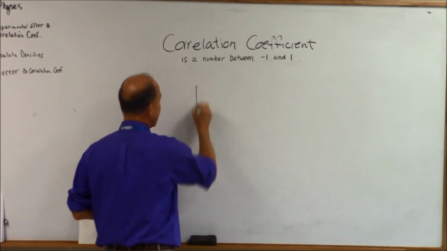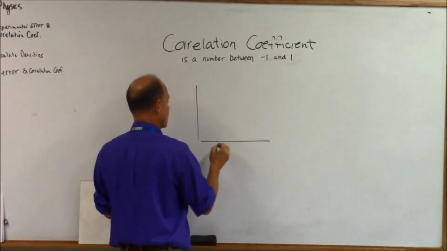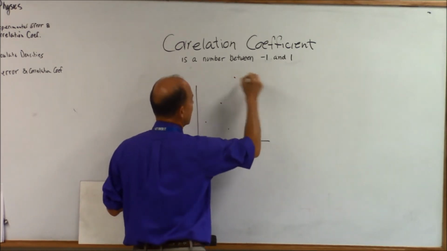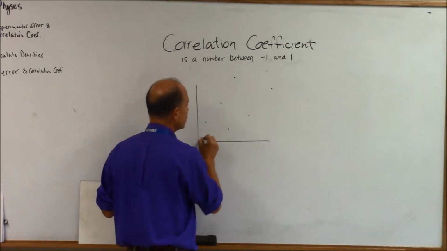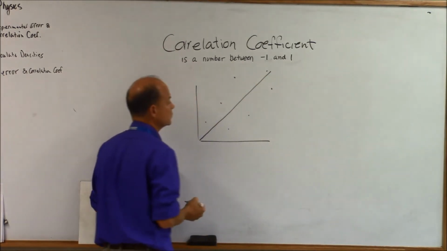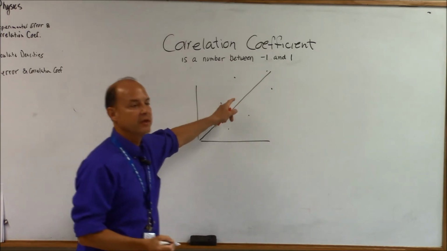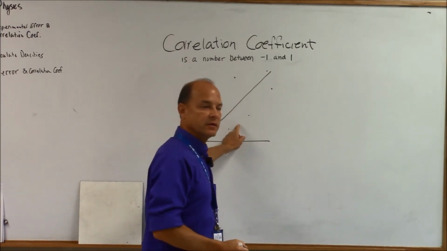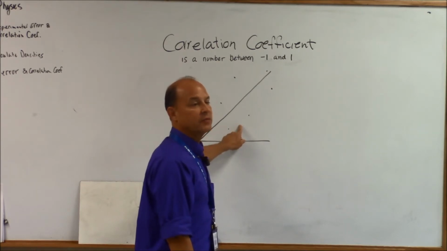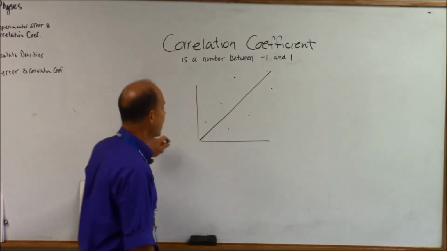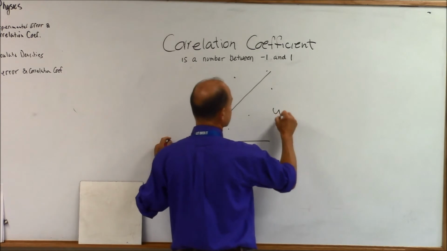You could go into the lab and you could get wild data. You could draw a line of best fit, and all the scatter of data averages to be perfect. That's what I mean by you got lucky.